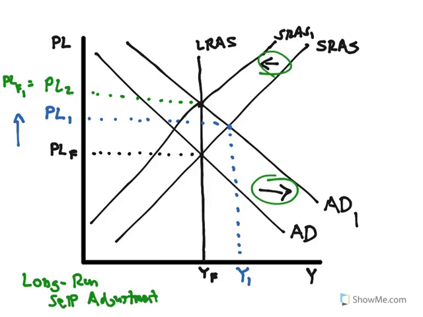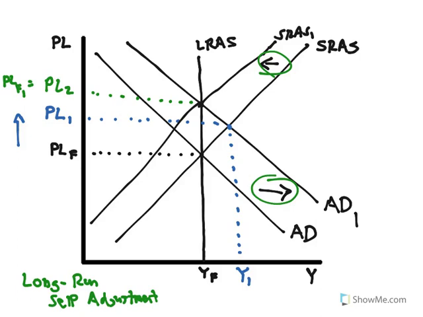Students sometimes ask, can SRAS shift to the right and then back to the left? Yes, but typically there's a change in aggregate demand, and then due to the flexibility of resource prices in the long run, SRAS will move the other way to fix it, in air quotes, and the result is just a much higher or potentially much lower price level.